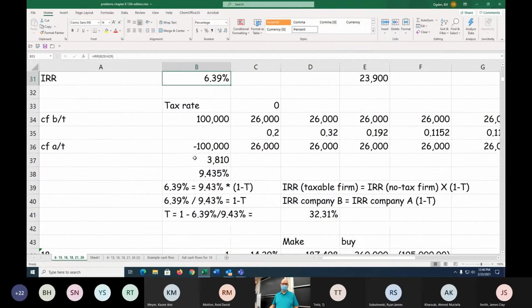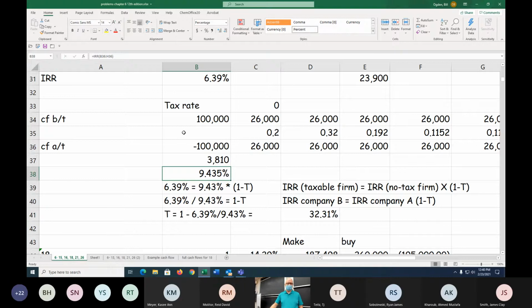The zero tax rate, I think this is actually company A. The zero tax rate company, it's just the present value of the cash flows minus $100,000. Depreciation tax shields are meaningless since T is 0. So in this case, I get an NPV of 3810 and an IRR of 9.435%.